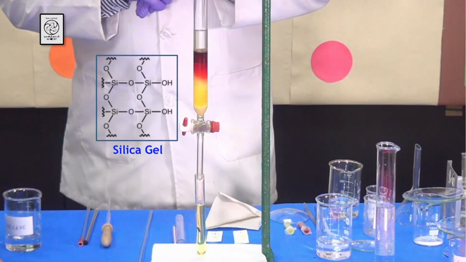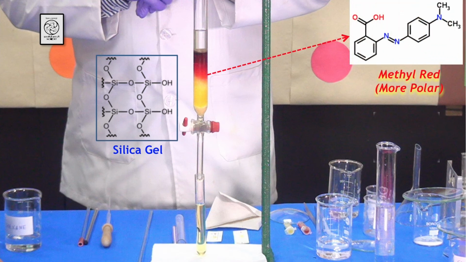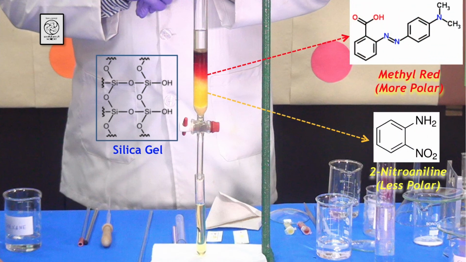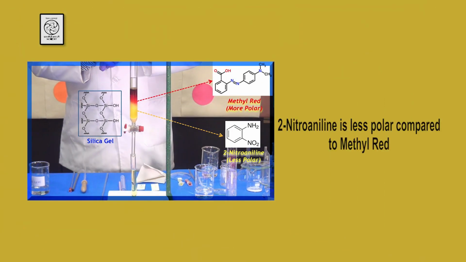As shown on the screen, from the structure we can see that silica gel is a polar adsorbent, as the yellow compound, which is 2-nitroaniline, moved faster compared to the red, that is methyl red. It can be understood that 2-nitroaniline is less polar compared to methyl red. The same thing was observed on TLC also.